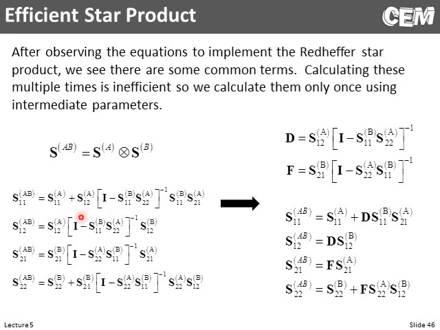Notice this inverse term here is the same as the inverse term here. This inverse term is the same as this inverse term. So we don't want to do that twice. So I like to calculate these ahead of time, and then we calculate the 4 terms of the combined scattering matrix this way. So it saves some redundant calculations, and it's a bit faster. So I like to do it that way. It's not necessary, I just think it's a little bit faster.